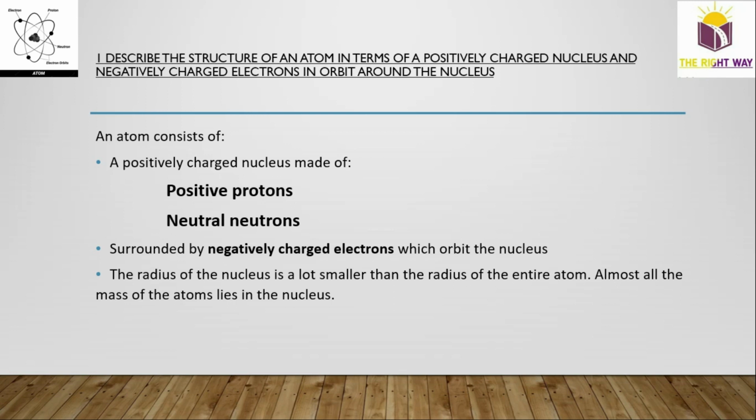An atom consists of a positively charged nucleus. The nucleus is present at the center of the atom and it consists of nucleons, and these nucleons combined are called nucleons, but separately we call them positive protons and neutral neutrons.